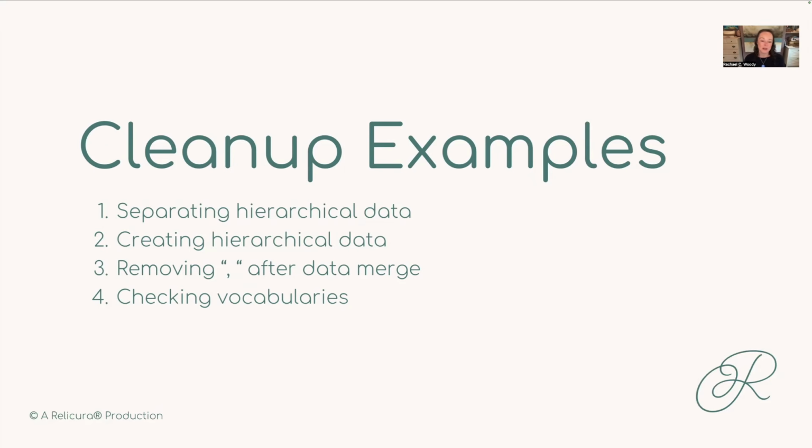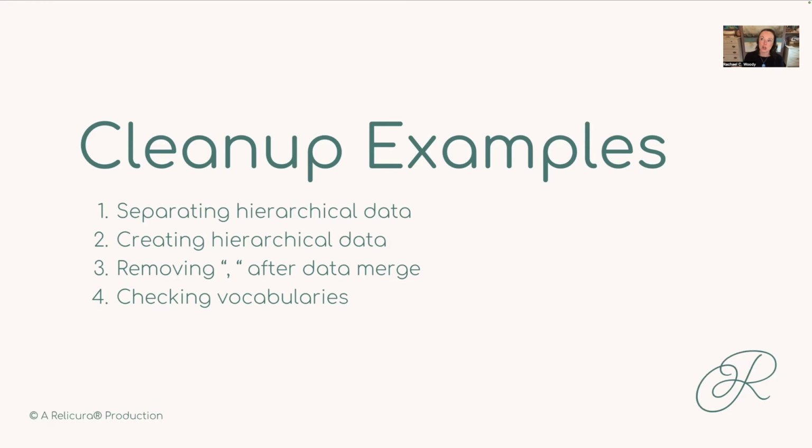So first one, we're going to separate out part of a hierarchical data example. This one is perhaps less common, but when it is present, it is pervasive. My most recent use case example has been in collection data that's been geography based.